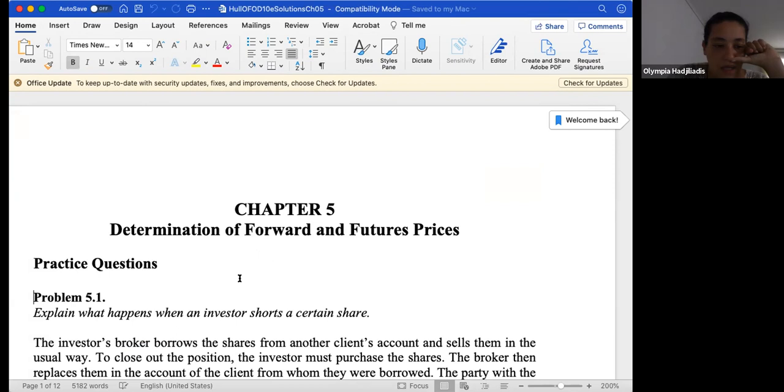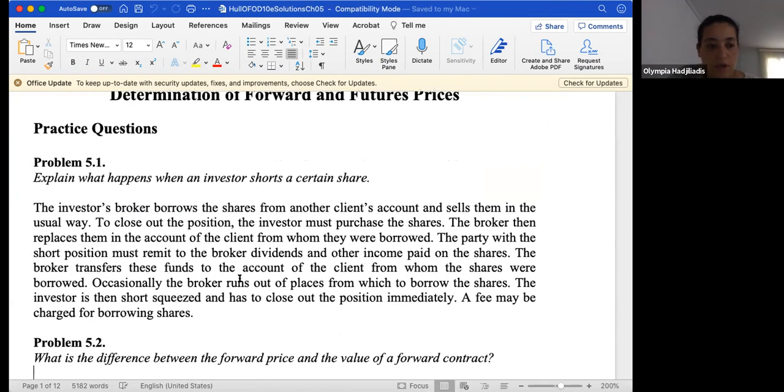Explain what happens when an investor shorts a certain share. When an investor shorts a certain share, the investor's broker borrows the shares from another client's account and sells them in the usual way. To close out the position, the investor must purchase the shares.